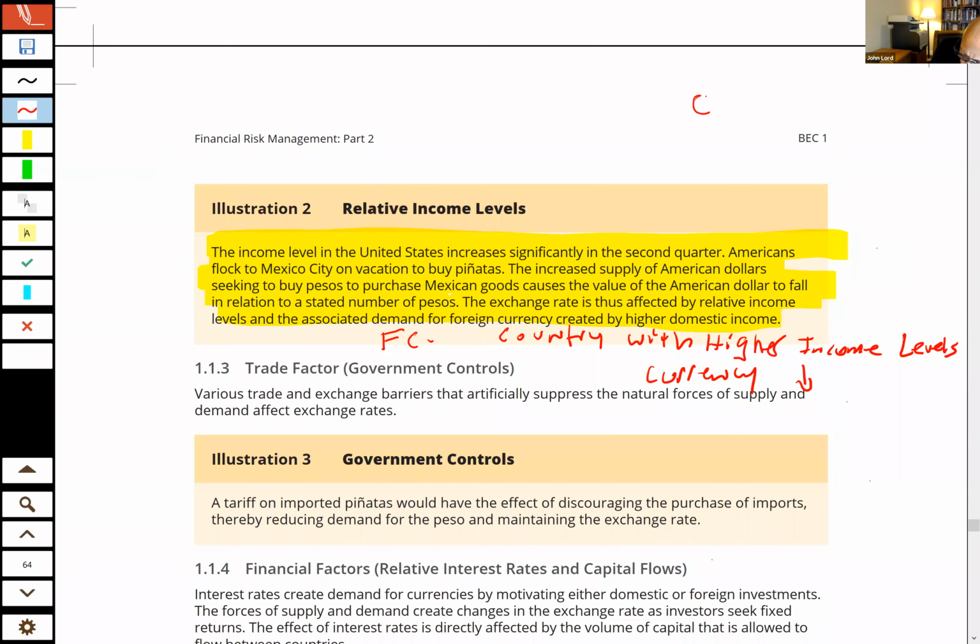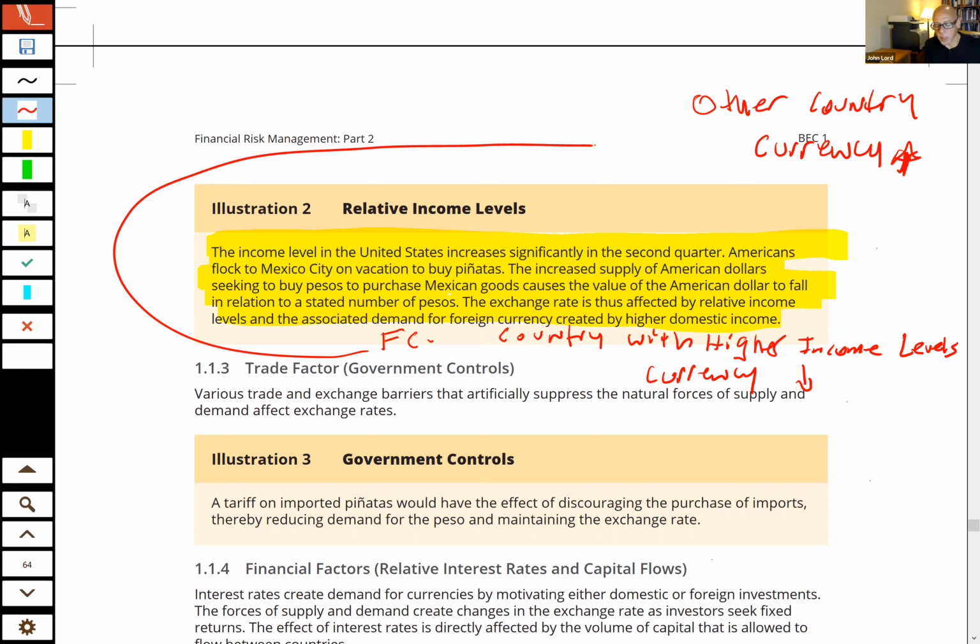And the other country, Mexico in this case, their currency will be going up. That's one flashcard that I'm writing this way: country with higher income levels, currency is coming down. The other country, in this case Mexico, their currency would be going up.